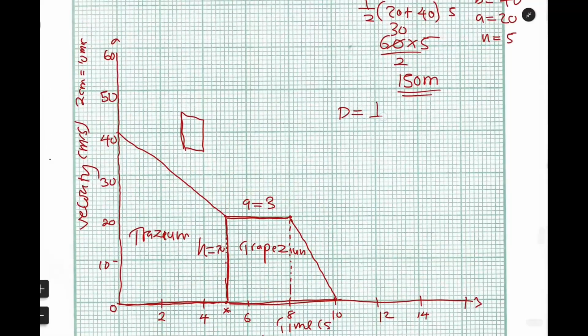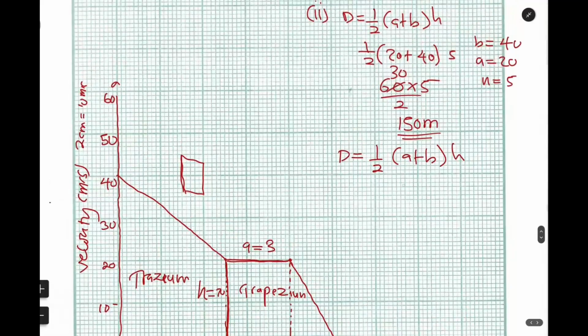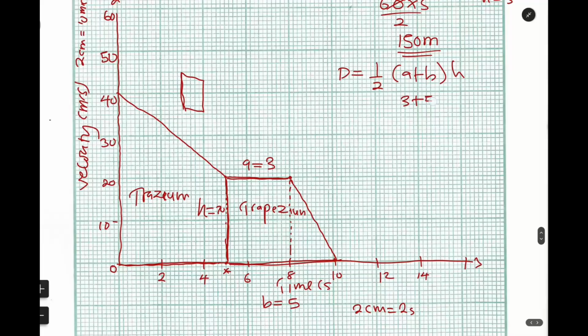Distance is equal to 1 over 2 (A plus B) multiplied by height. What is our A? Our A is 3, plus, what is our B? Our B is 5. What is our height? 20. Then half of that is 10. Inside you add, you're going to find 8. 8 multiplied by 10 is 80 meter.